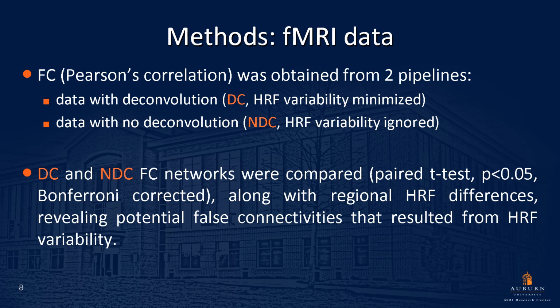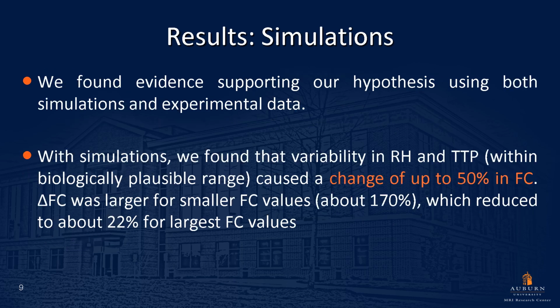Both deconvolved and non-deconvolved functional connectivity networks were compared using a paired t-test, p less than 0.05, Bonferroni corrected, very conservative, along with regional HRF parameters, revealing potential false negatives and false positives that result from HRF variability. I say potential because, in experimental data, we don't know the ground truth.